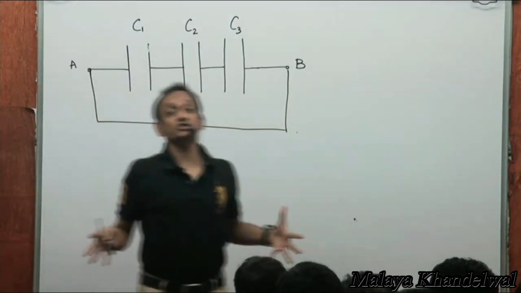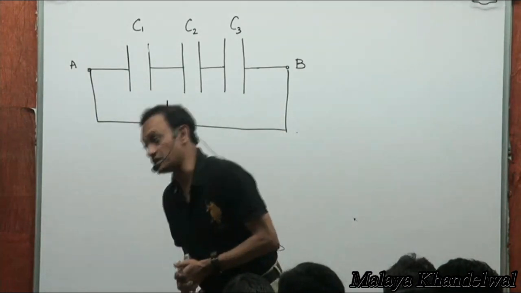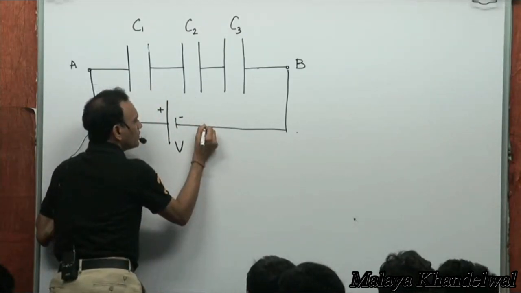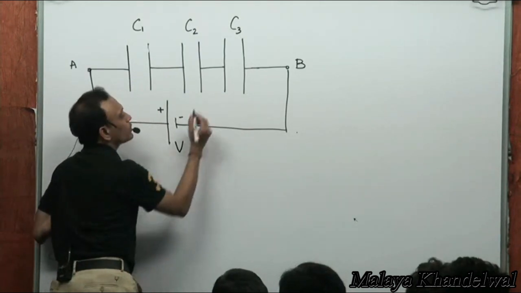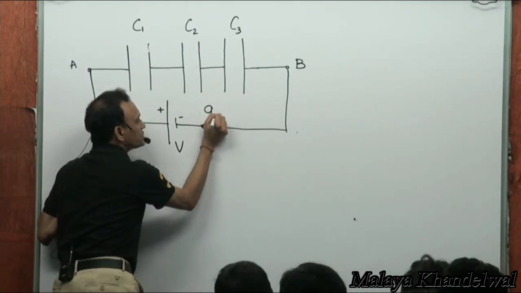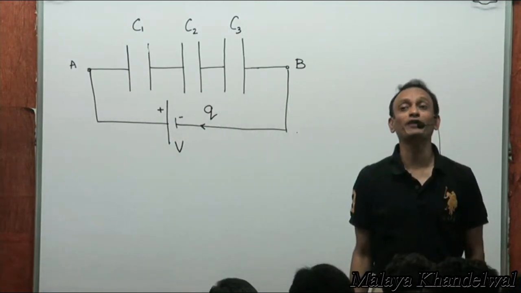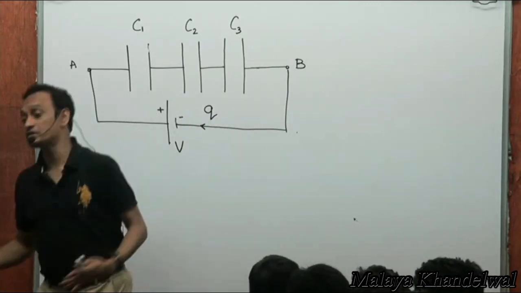And this continues until such time that steady state conditions have been attained, right? So I imagine a battery of EMF V volts, which results in charge Q flowing through the battery, till the point of acquisition of steady state.